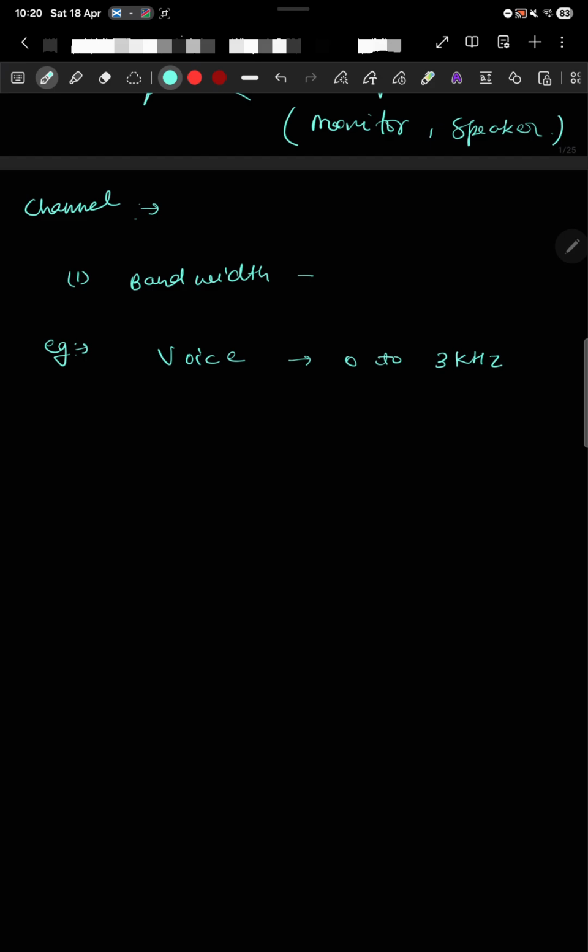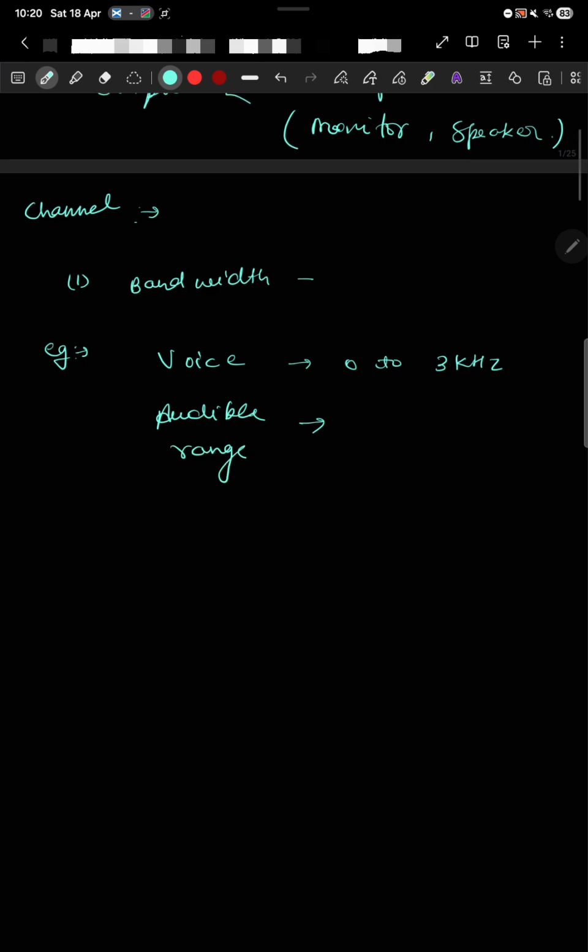But the entire human audible range is from 20 Hz to 20 kHz. This means human voice range is somewhere between 0 to 3 kHz, and the entire audible spectrum that humans can hear is 20 Hz to 20 kHz.